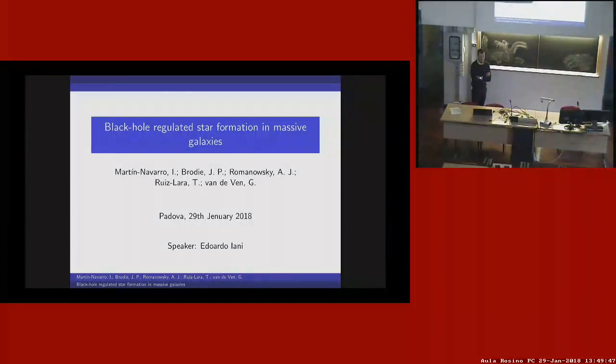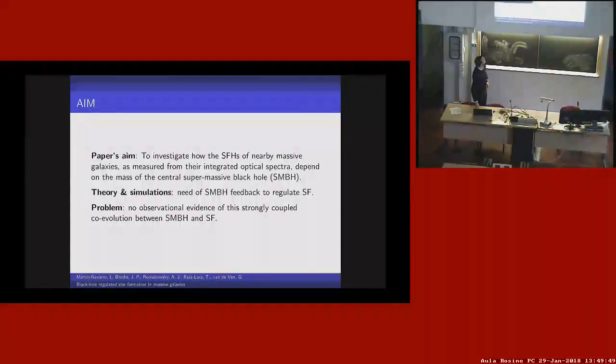The authors' aim is to probe the relation between the star formation histories of massive galaxies and the mass of their central supermassive black hole. As a matter of fact, cosmologically motivated theories of galaxy formation need feedback from the supermassive black hole to regulate star formation.